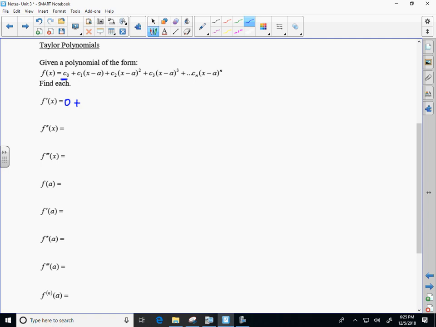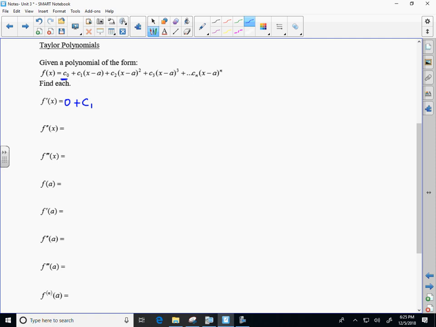Well, c sub 1 is a constant multiple, so it would be c sub 1 times the derivative of x minus a. The derivative of x minus a would just be 1 because the c sub 1 is constant and the a is constant and x has a derivative equal to 1.